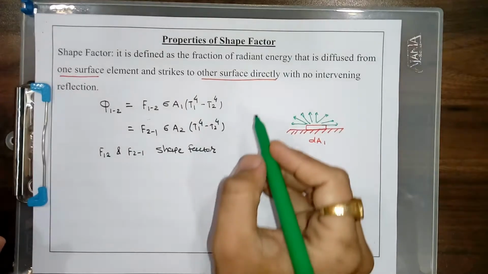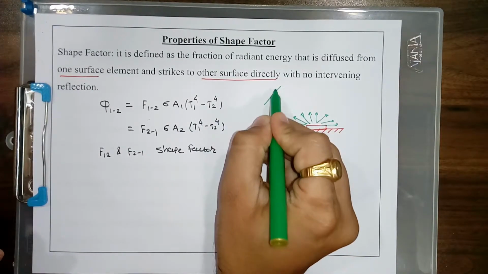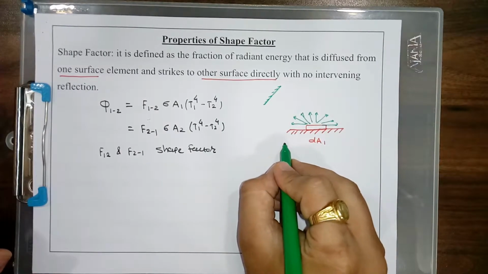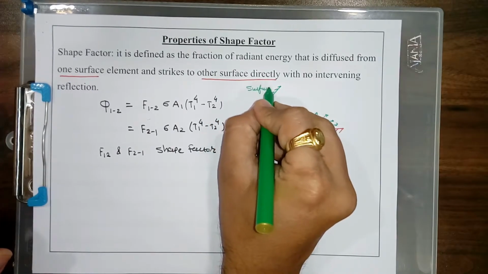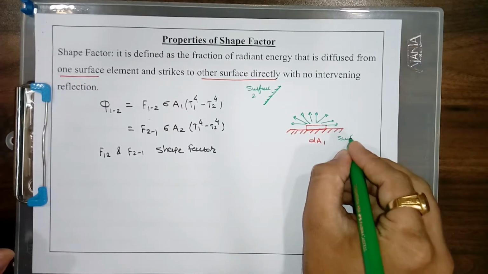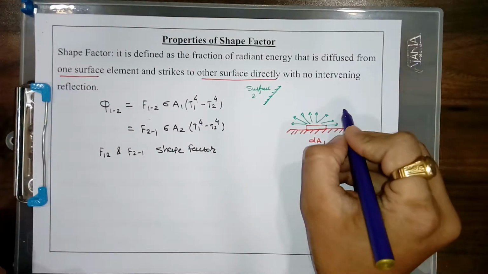And suppose I have located another surface over here. This is my surface number 2, and this is my surface 1.